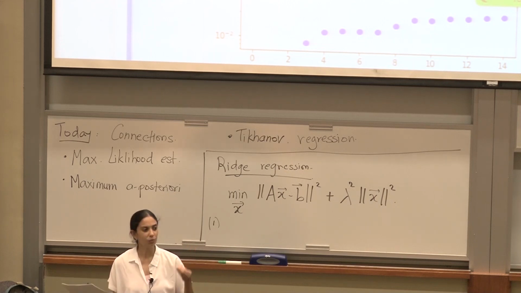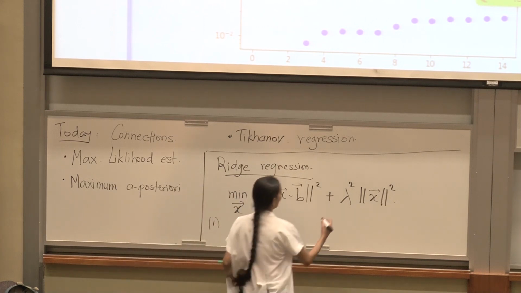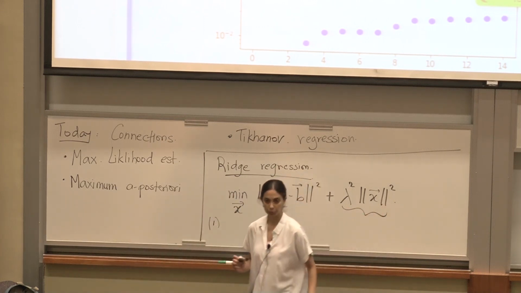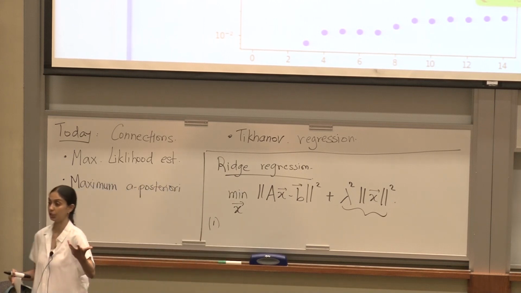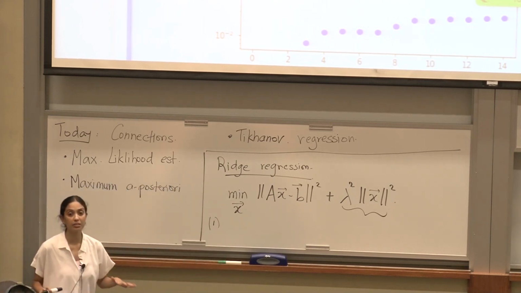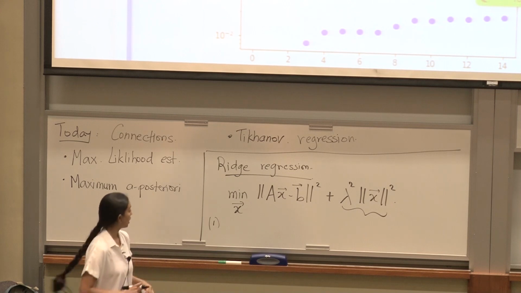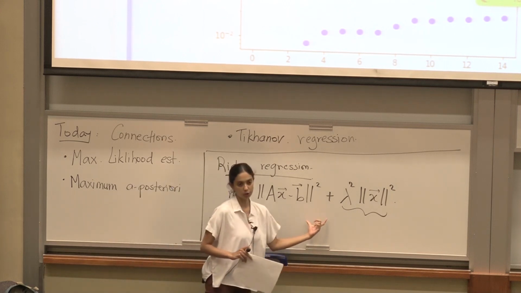And so we said, well, what if we gave our optimization the side information that actually x is not too large? How could we incorporate this side information into our cost? And so that is what we are doing here.